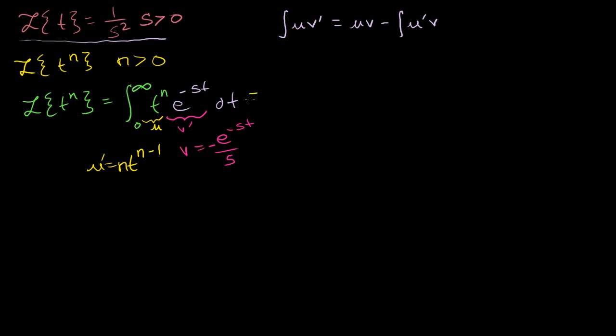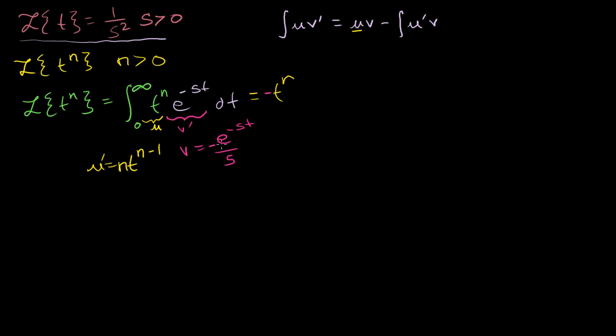So let's apply the integration by parts. So this is going to be equal to uv. U is t to the n. That's our u. Times v, which is e to the minus st over minus s. So there's a minus sign there.